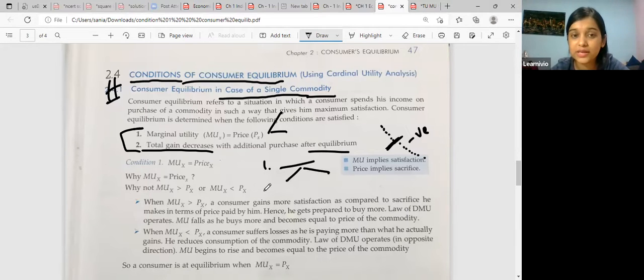And then you will write what will happen when your MUX is greater than PX or when your MUX is less than PX. So you write the first condition, then make 2 arrows, this and this, and then you will write the second condition. Clear? Yes, teacher.